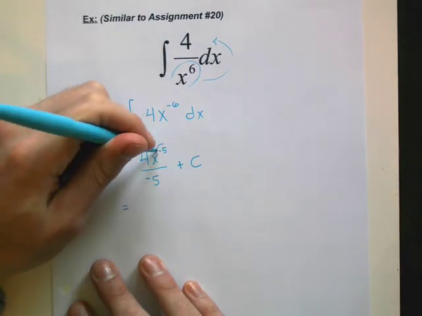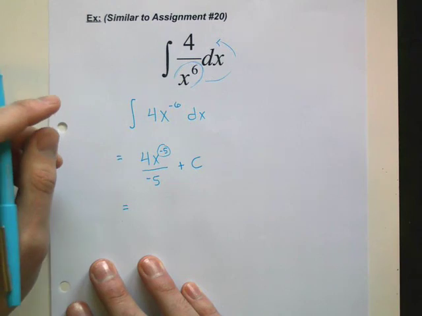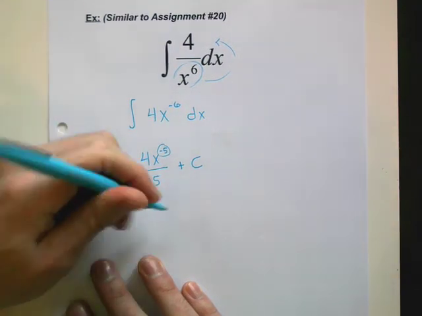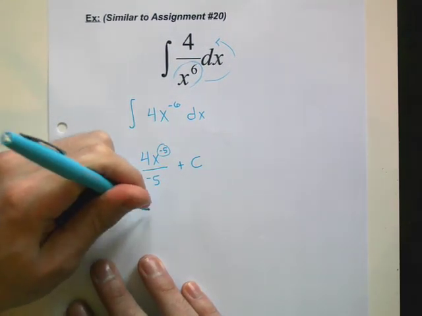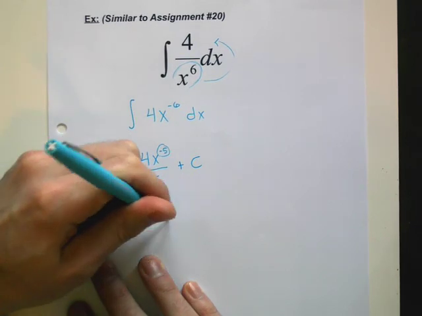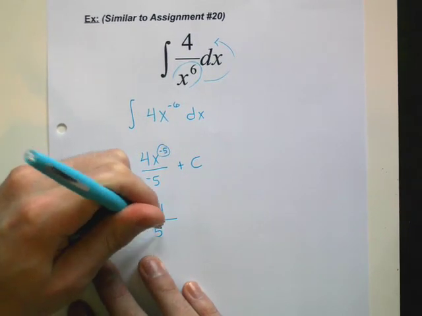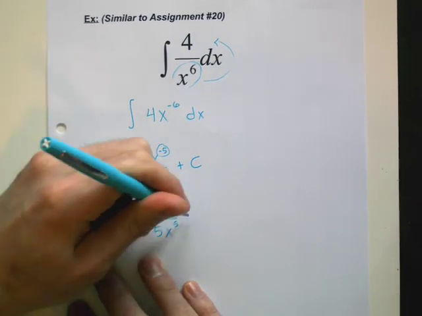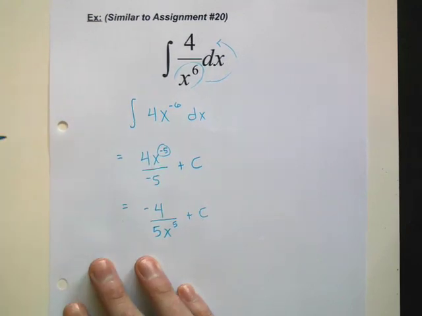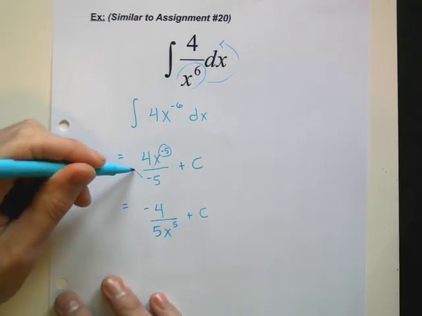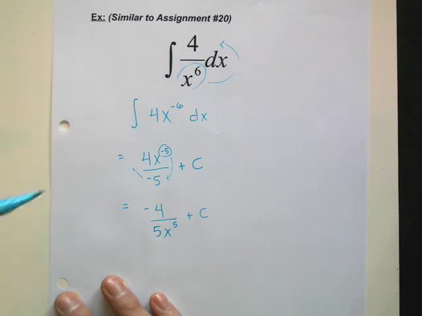We don't want an answer with a negative exponent. So let's rewrite this as negative 4 over 5x to the positive 5 plus c. All I did was pull my negative out front and take my negative exponent downstairs.